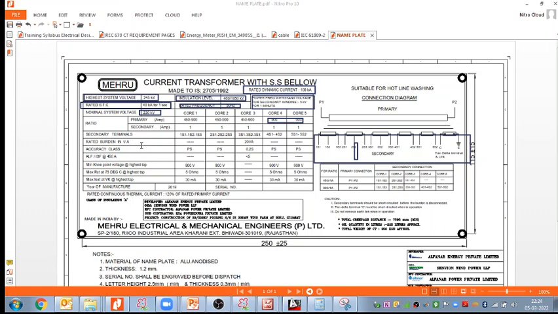Okay, Amit, I address your query here. I don't know who asked me about the rating plate. Yeah, Bella, you asked me, now I address your query.